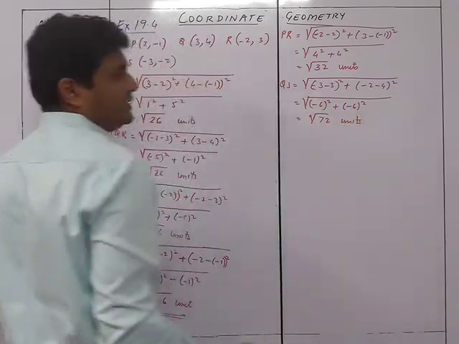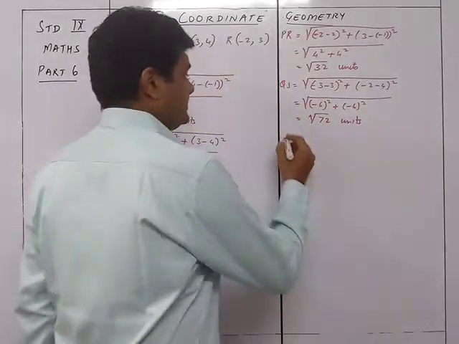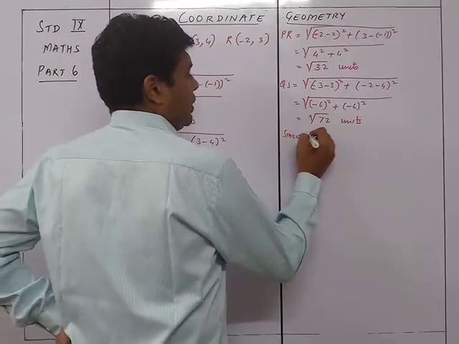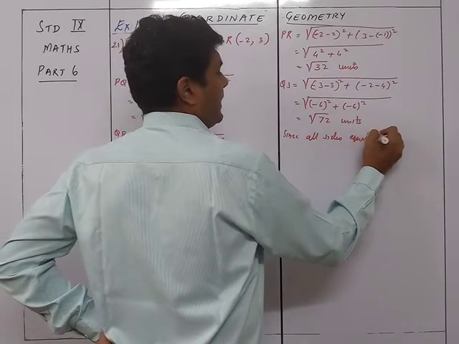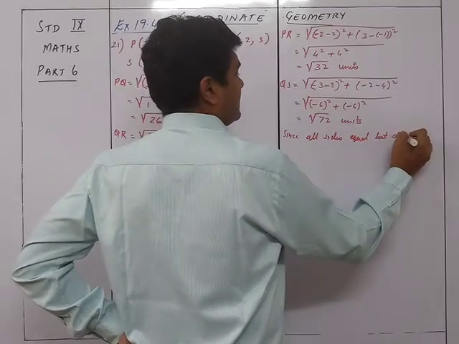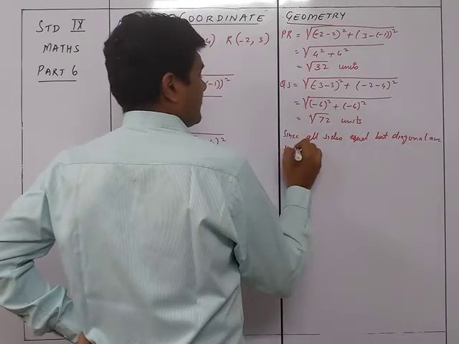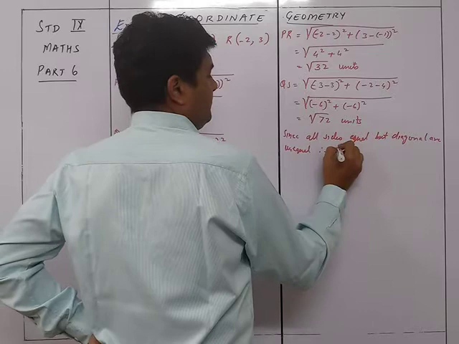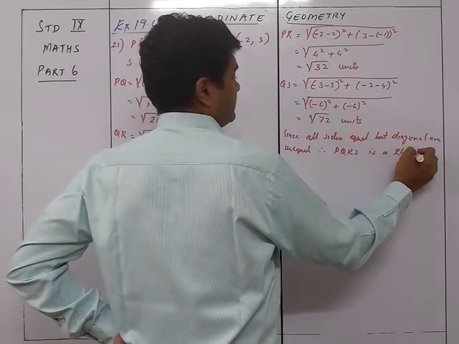Now since all sides are equal but diagonals are unequal, therefore PQRS is a rhombus.